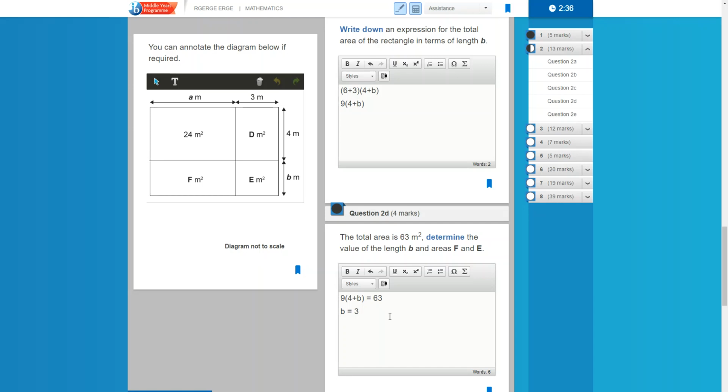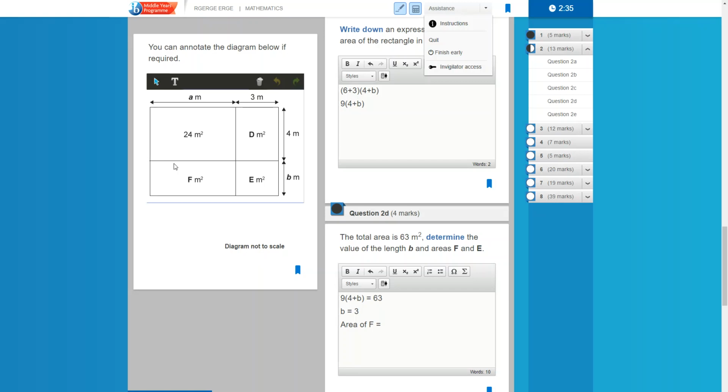I want the area of F and E. So the area of F, let's do it properly, area of F is equal to A times B. Sorry, somebody just came in while I was doing this.